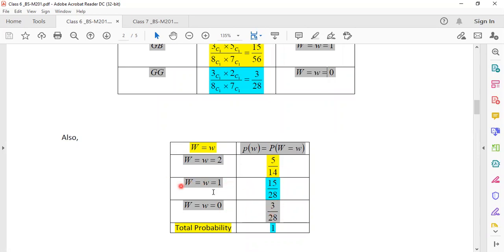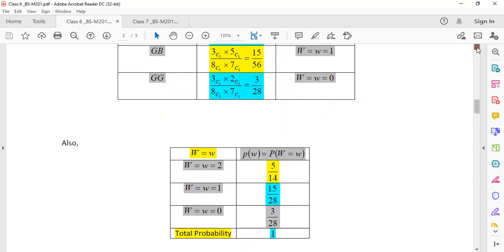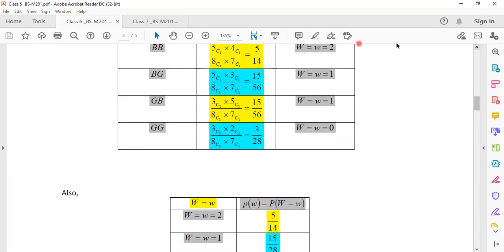How are we getting W equals 1 as 15 by 28? Because you see, W equal to 1 can happen in this case or in this case. So W equal to 1 can happen in two different ways, either this way or that way. So the probability of W equals 1 will be the probability of BG union GB.